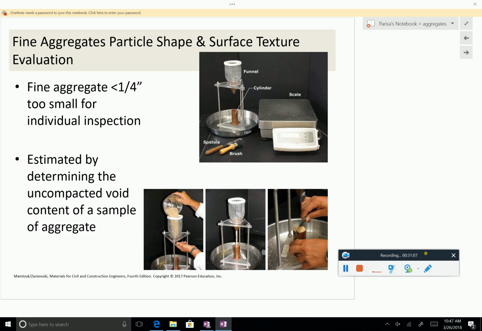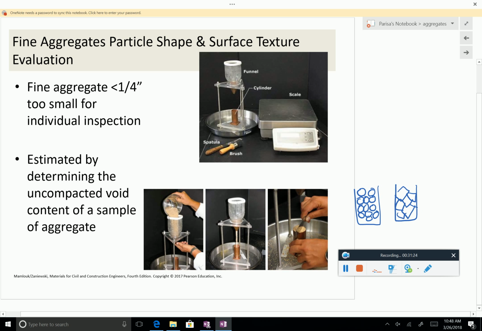So it is different if you drop particles which are round inside this cone, or if they are very angular and they will not sit nicely over each other.